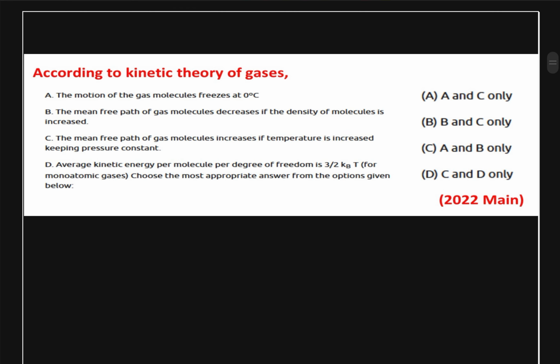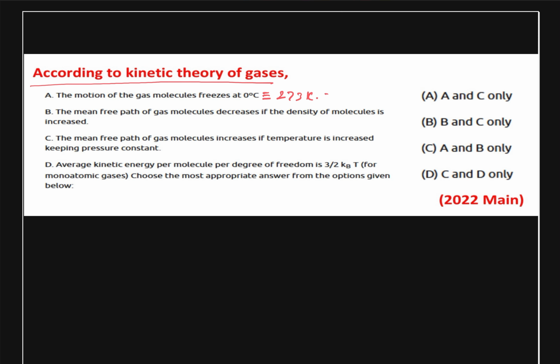It states that according to kinetic theory of gases, we have to check these options one by one. So first states that motion of a gas molecule freezes at 0 degree centigrade. 0 degree centigrade is basically 273 Kelvin.